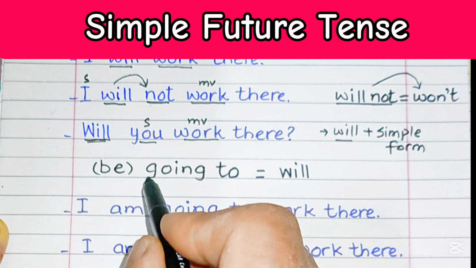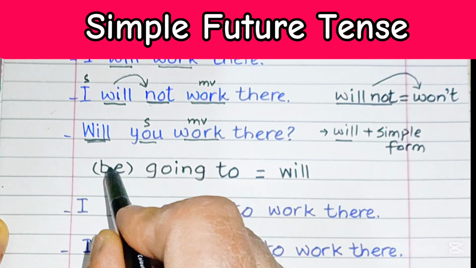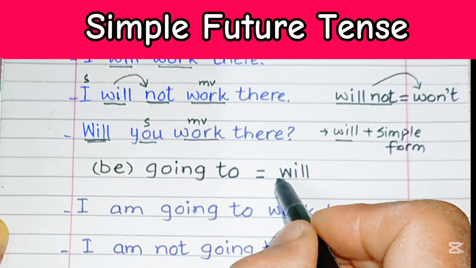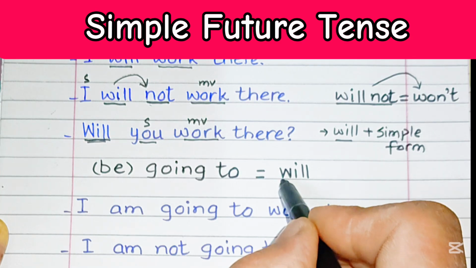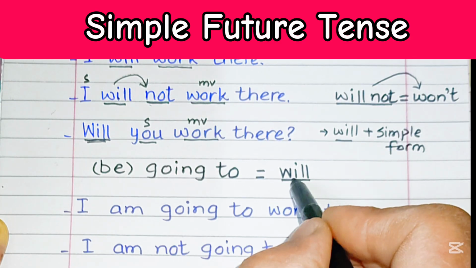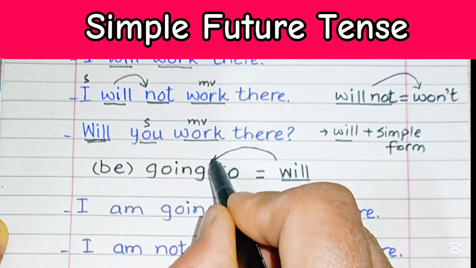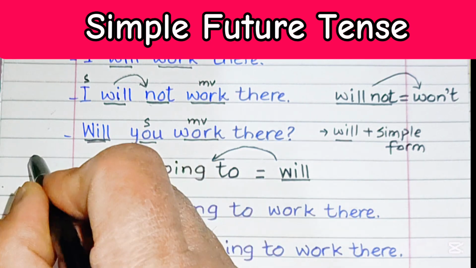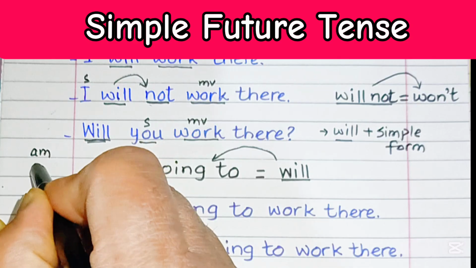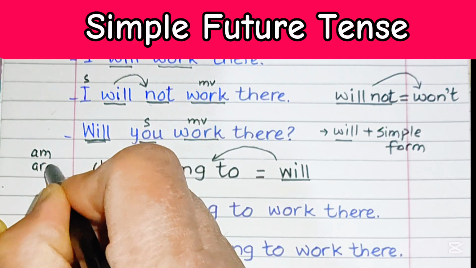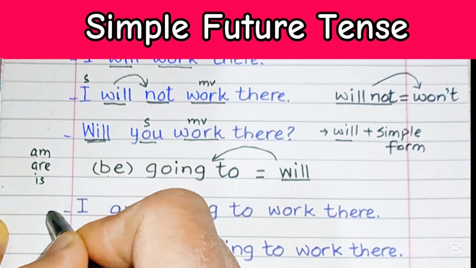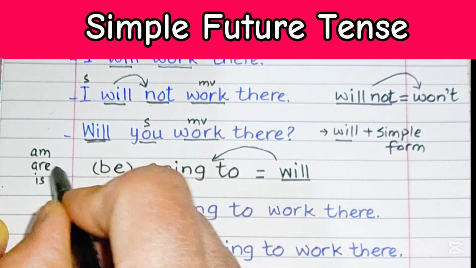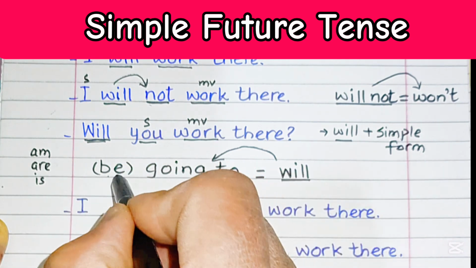It's important to consider that be going to can substitute for will. So instead of using will, we may use be going to. So in place of be, we can put am, are, or is. Is going to, are going to, am going to.